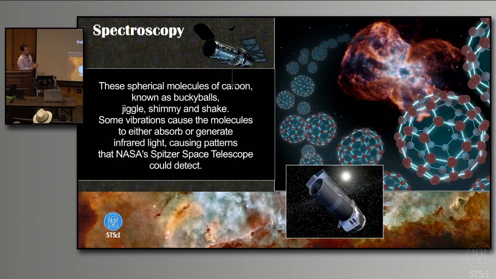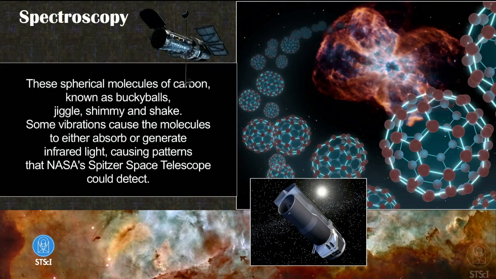But this isn't the first time that we've discovered buckyballs. Buckyballs were discovered in space in 2010 from the Spitzer Space Telescope. They found it from a star that's been dying, a planetary nebula. And that was really interesting and cool.